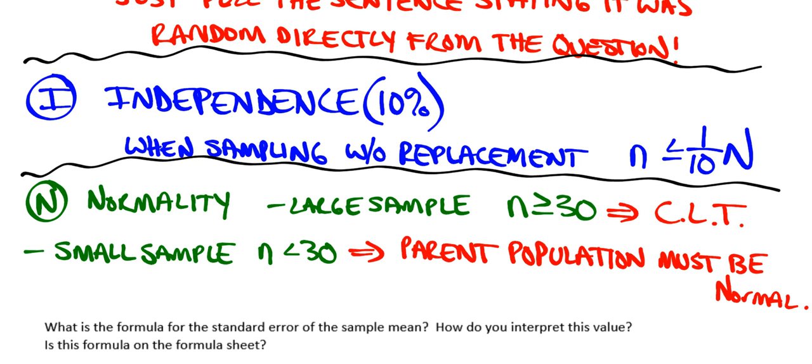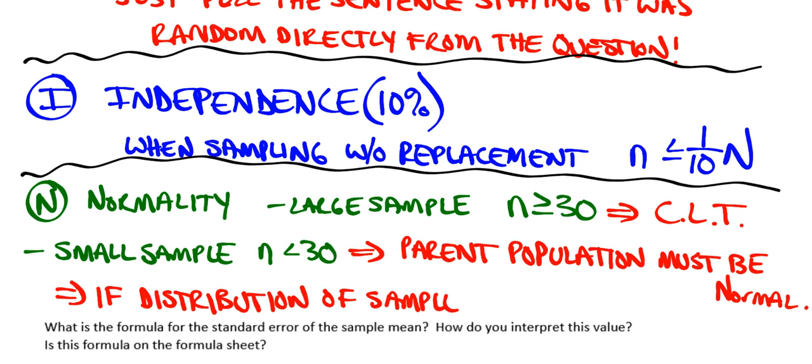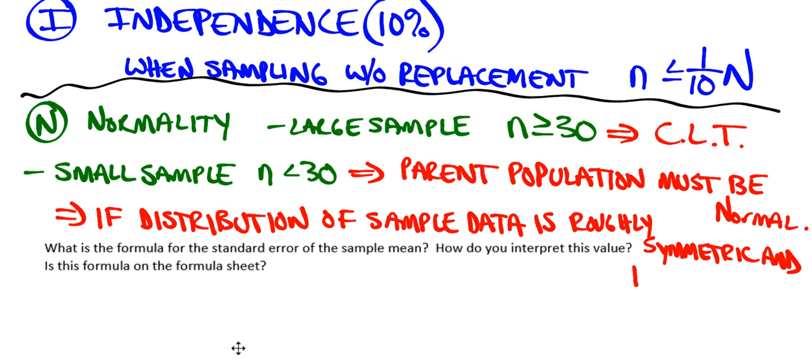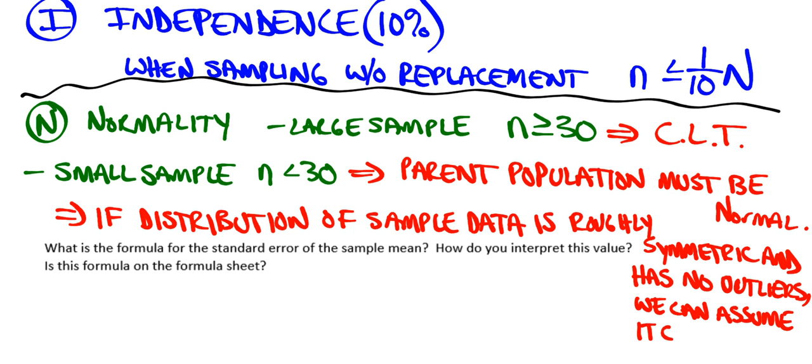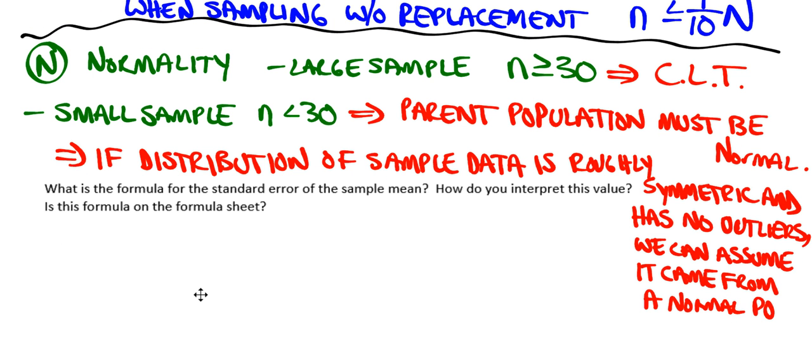So what you're allowed to do is graph the distribution of your sample data. If the distribution of sample data is roughly symmetric without any outliers, then you can assume that it's normal, or that it came from a normal population.